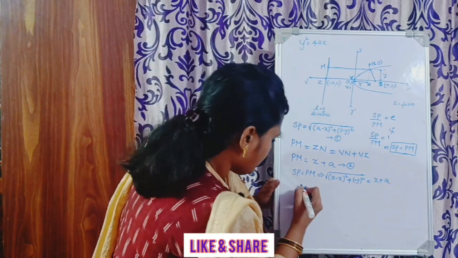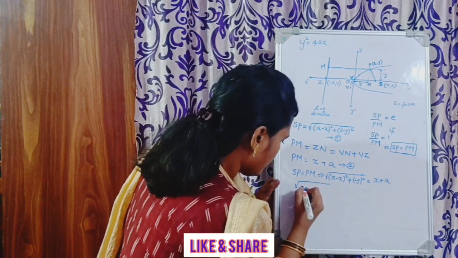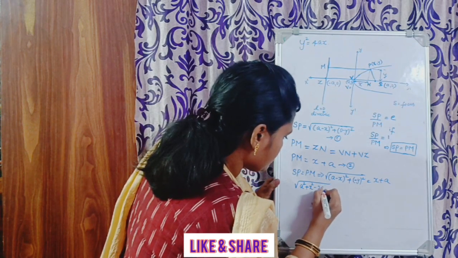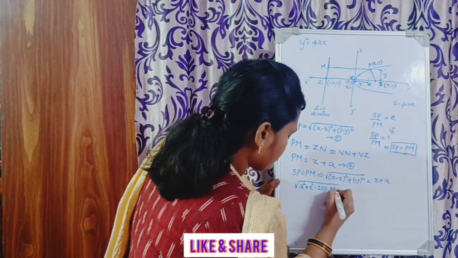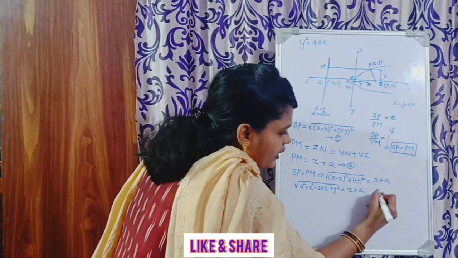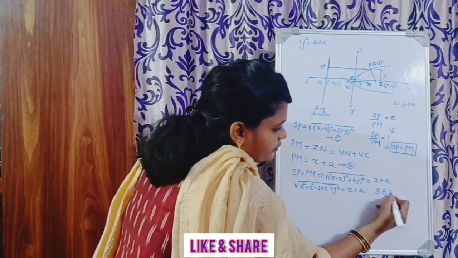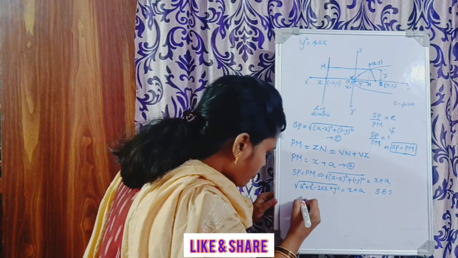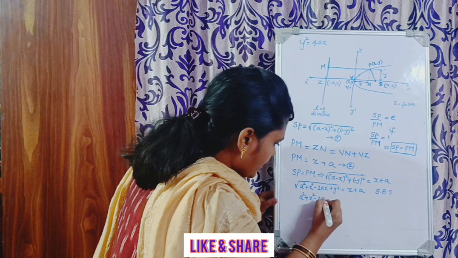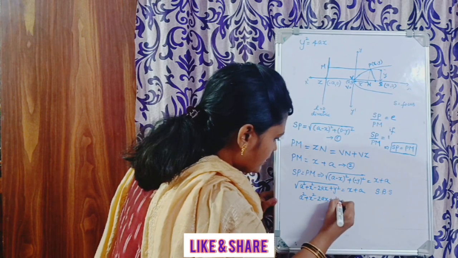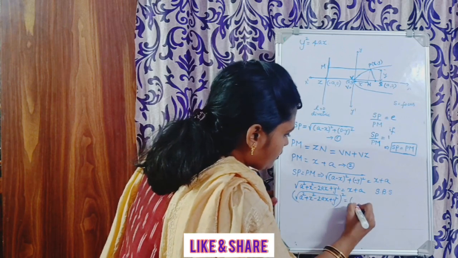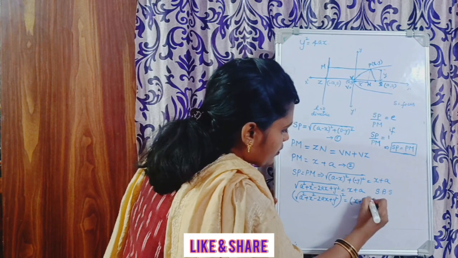In other words, square root of a square plus x square minus 2ax plus y square is equal to x plus a. Now, squaring on both sides, what you get is a square plus x square minus 2ax plus y square is equal to (x plus a) whole square.